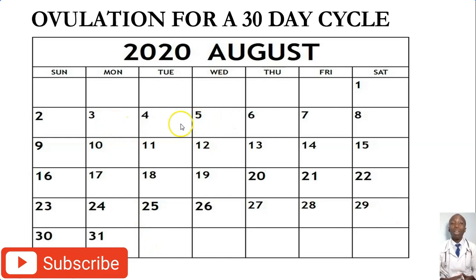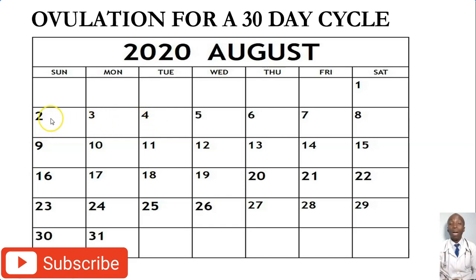But if you spent 4 days, let's say you started your periods on 2nd, still the same method applies. You have to begin counting from the first day you saw your periods, and that is, let's take an example of 2nd. You still say 1, 2, 3, those are the days you've spent in your periods.